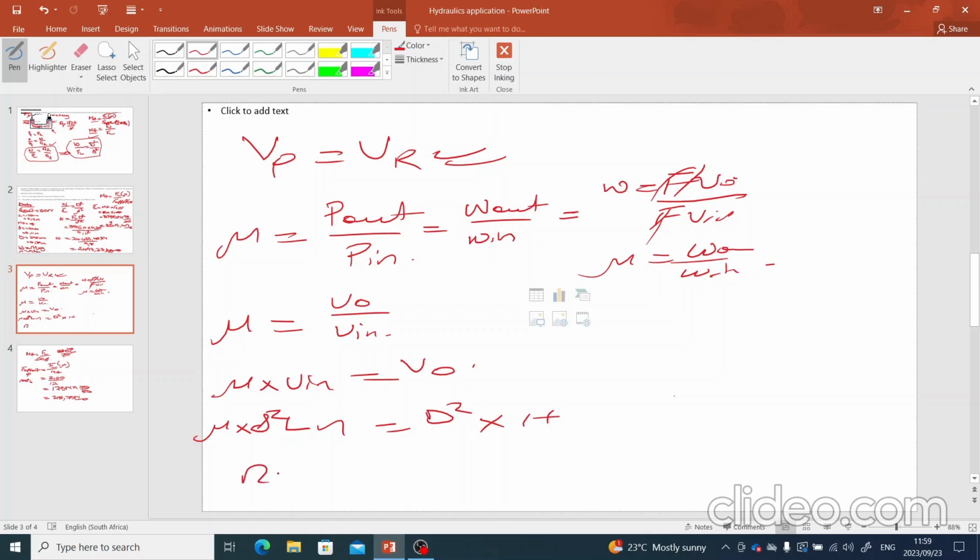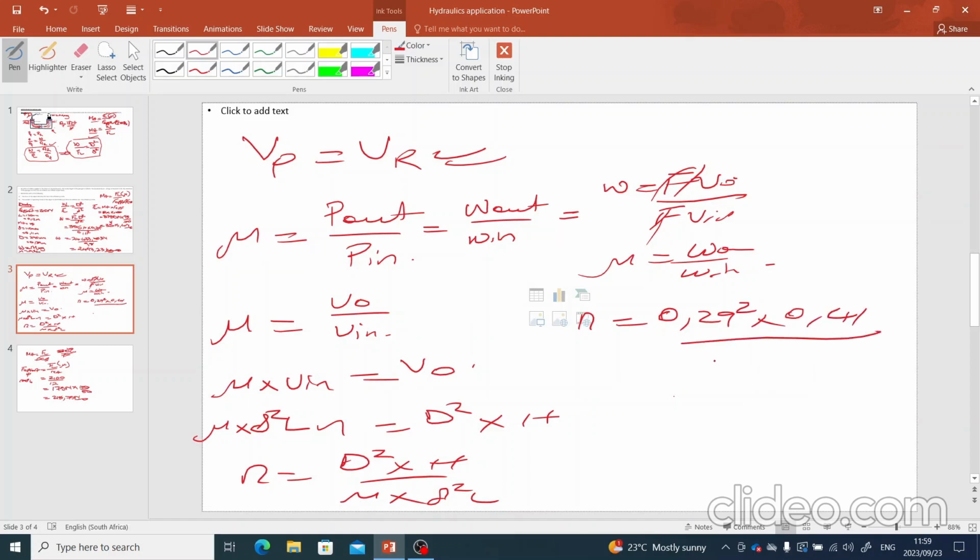We are looking for n, then n would be big D squared multiplied by h divided by efficiency multiplied by small d squared multiplied by L. Then we have n equals big D 0.29 squared multiplied by 0.41, the height, multiplied by 0.93, divided by 0.93 multiplied by 0.11 squared multiplied by 0.12. Then we get our answer.